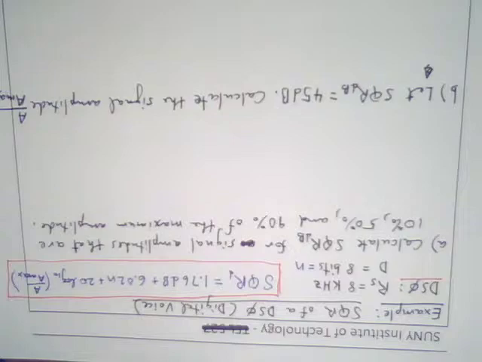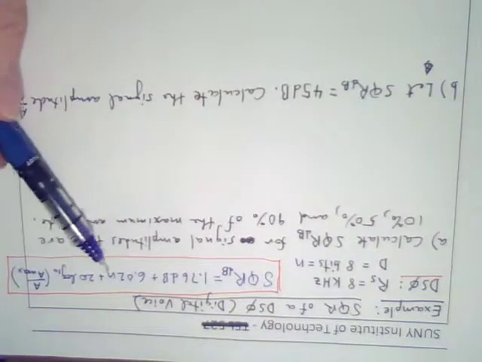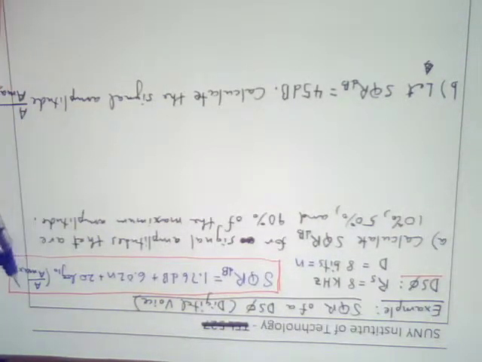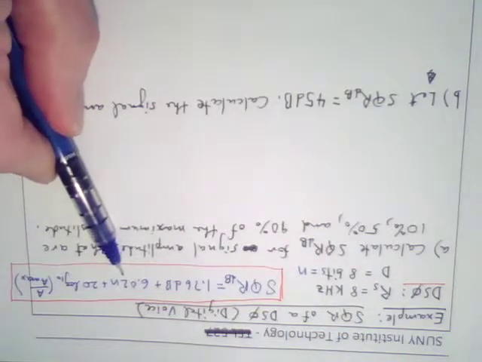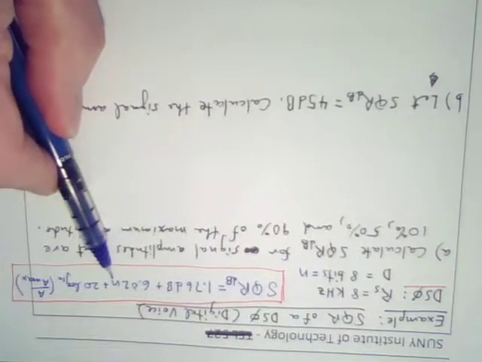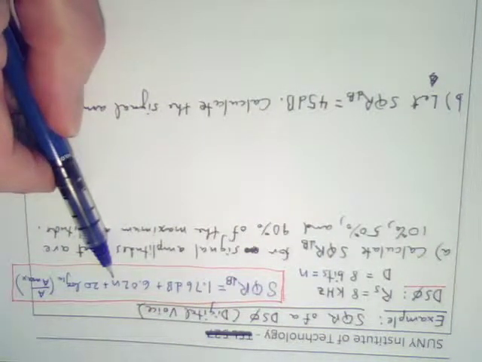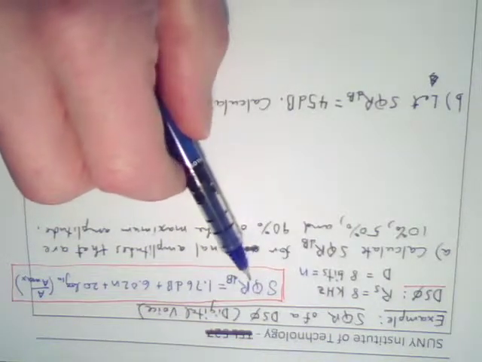Okay, and this equation was given, and I hope I convinced you that the signal to quantization noise ratio is a function of both the bit depth and the signal amplitude relative to the maximum possible amplitude. Basically the larger the bit depth, that is the larger n, the smaller the quantization steps are, and the smaller the quantization noise is, and therefore the larger the signal to quantization noise ratio.